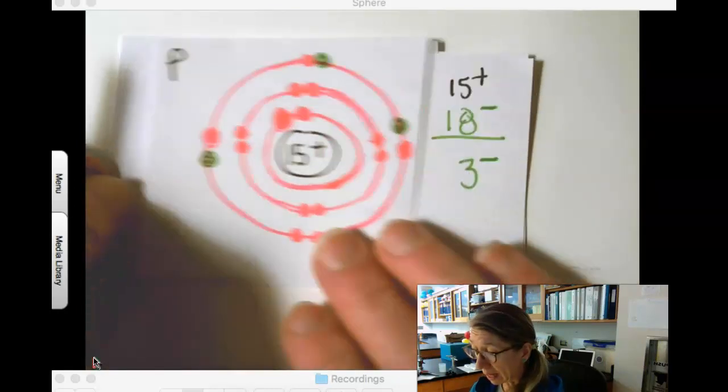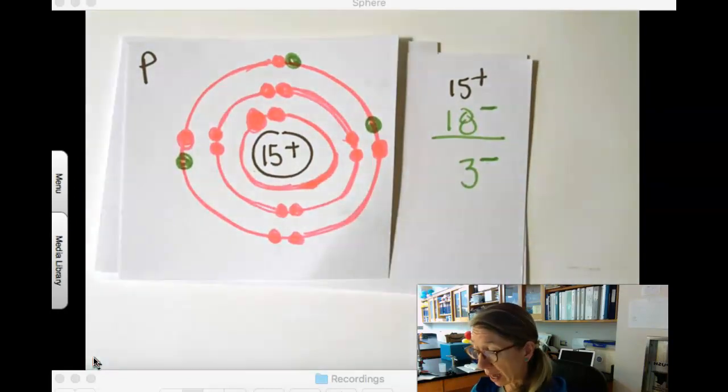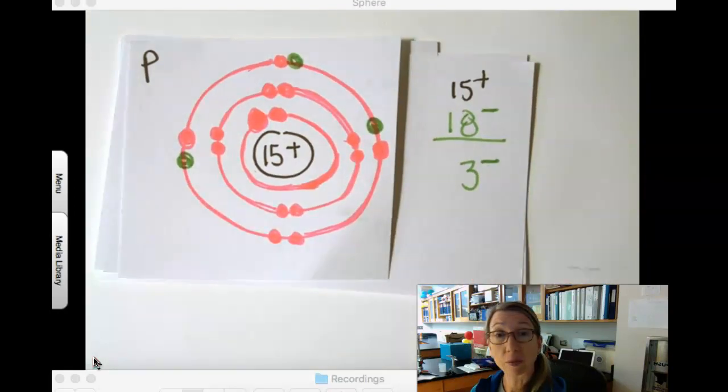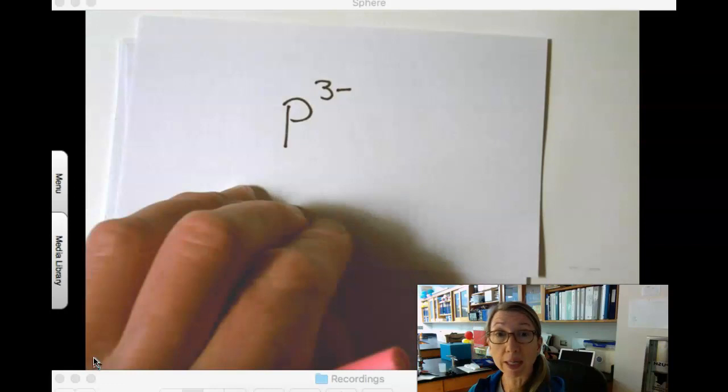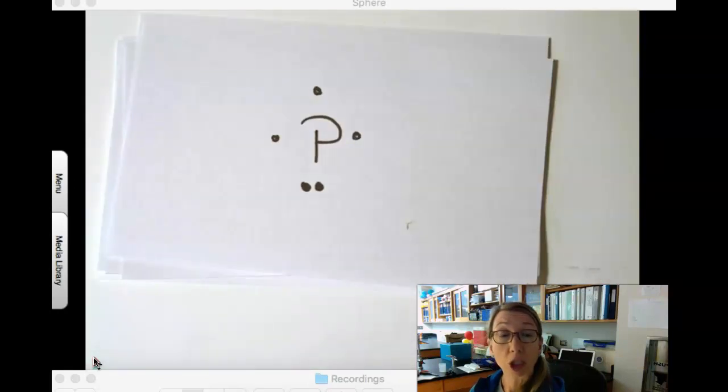Now what happens then is we still have 15 positive charges, and we have 18 negative charges, and that means our net charge will be minus 3. So we would write this like this: phosphorus minus 3. Another way to look at it is to use the Lewis dot diagram, which just shows the valence electrons.